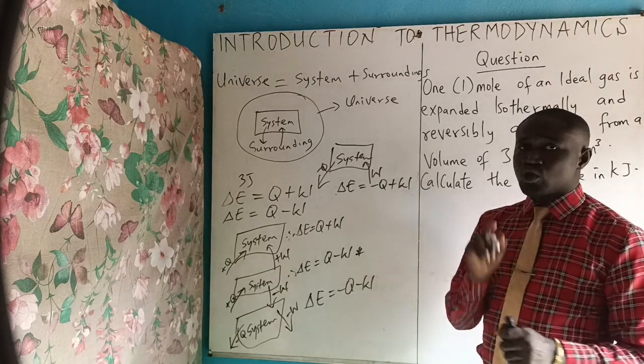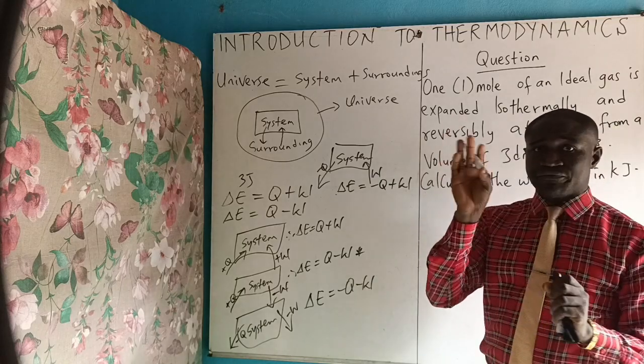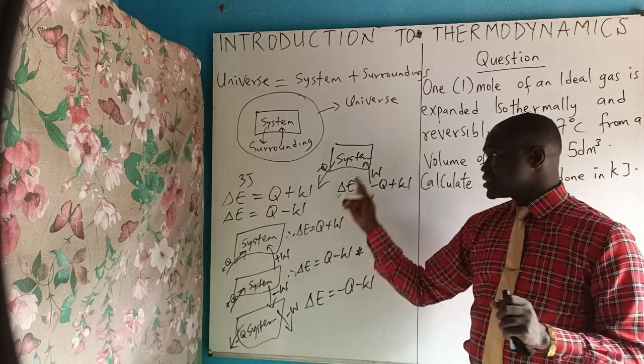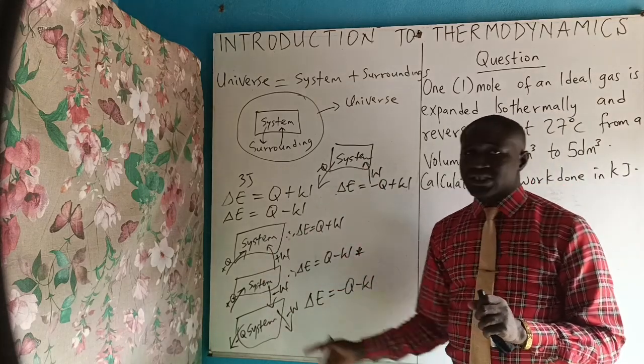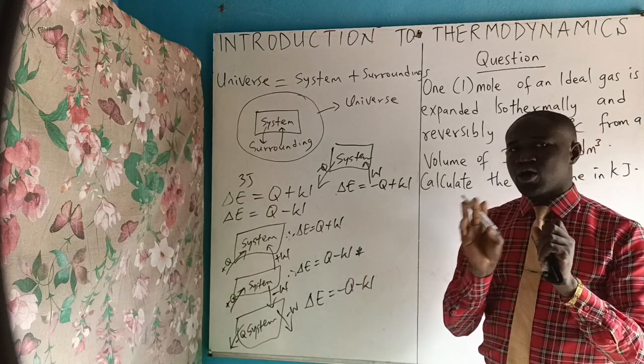It's important for you to note that chemistry thermodynamics, because we also see thermodynamics in physics, focuses on what happens on the system. That is why you see us focusing on it. So all these formulas are very important in thermodynamics when it comes to chemistry.